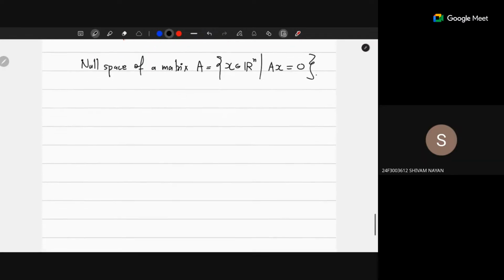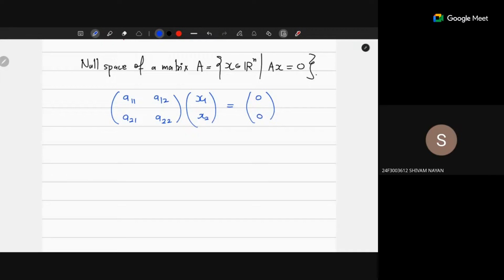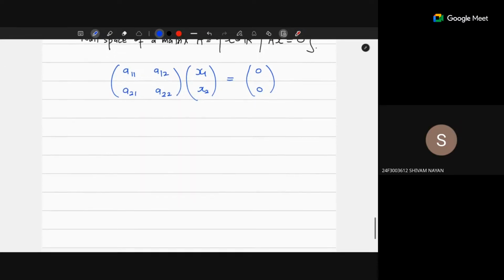In particular, if A is some 2 by 2 matrix like above, with x1, x2 and then 0, 0, this can be thought of as a homogeneous system of linear equations, and the null space is the solution set of a homogeneous system of linear equations. Okay, let's do one more example.